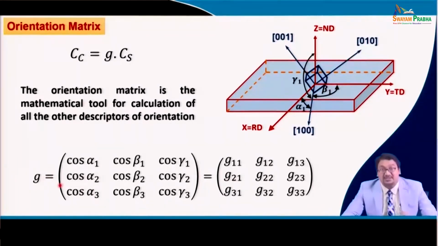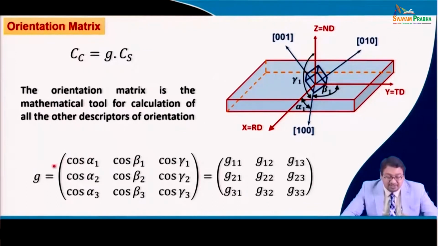So, G, an orientation matrix, consists of 9 variables G 11, G 12, G 13, G 21, G 22, G 23, G 31, G 32, G 33, that is the cosine of the angle between the crystal coordinate systems and the sample coordinate system.